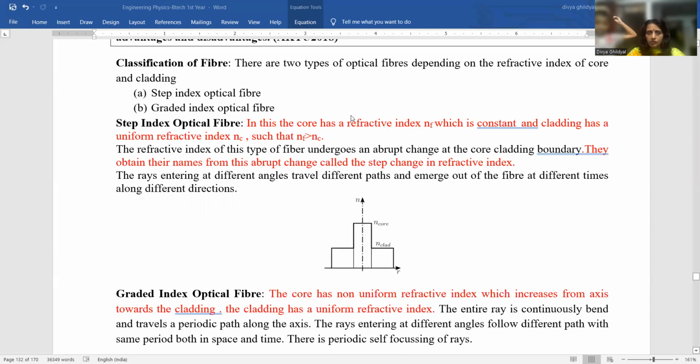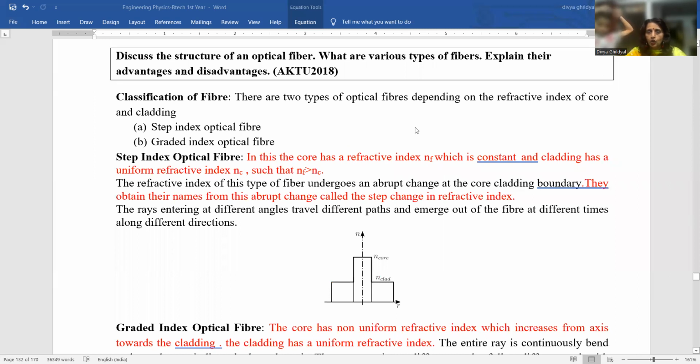So in the step index optical fiber, the core has a refractive index which stays constant, and the cladding has a uniform refractive index, and obviously the refractive index of core should be greater than that of cladding. So this is basically the outlook of a step index optical fiber.